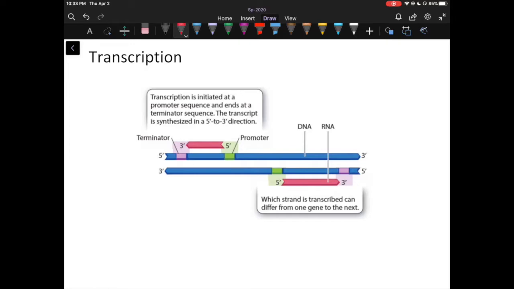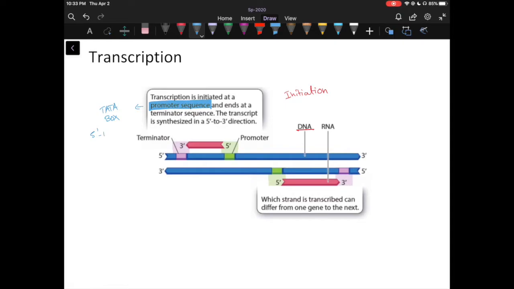In transcription, our DNA is used as a template to make complementary RNA. If you look at this diagram here, we have our DNA, and in the red is our RNA. The first step of transcription is known as initiation. In initiation, we have a promoter sequence, and in eukaryotes, that is usually known as a TATA box.